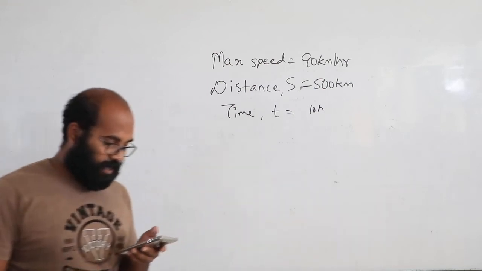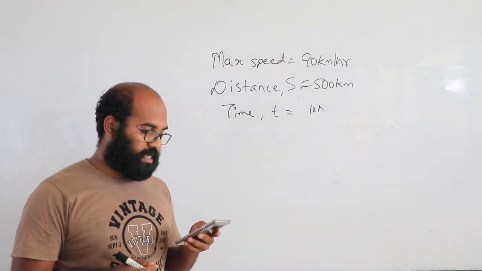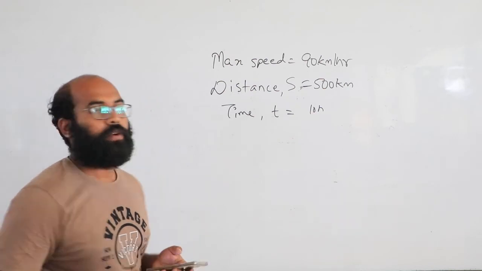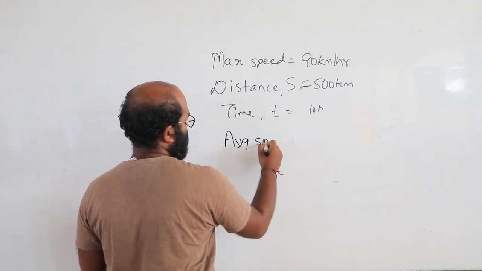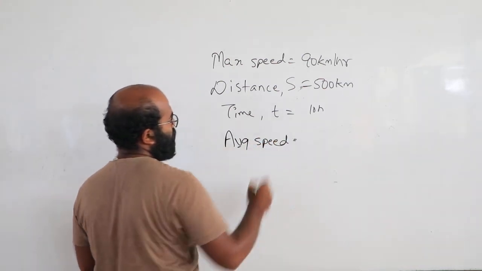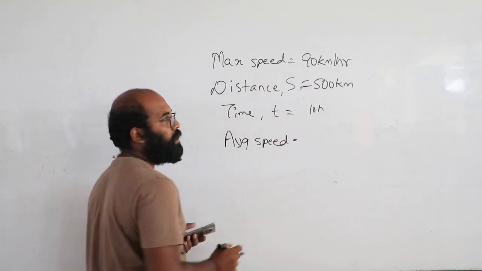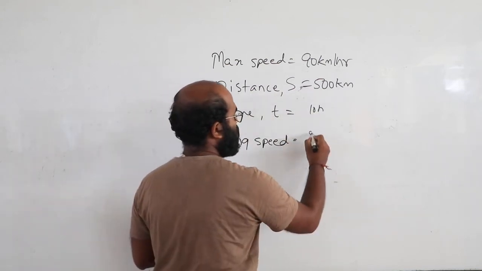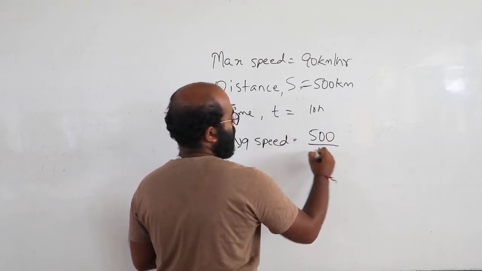So they are asking to find the ratio of average speed to maximum speed. So we know average speed is total distance by total time taken. Here the total distance is 500, total time is 10 hours.